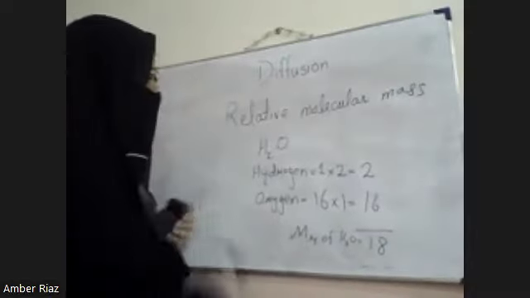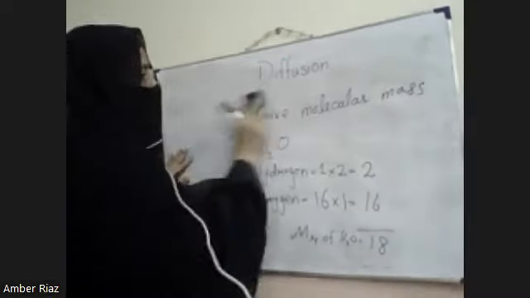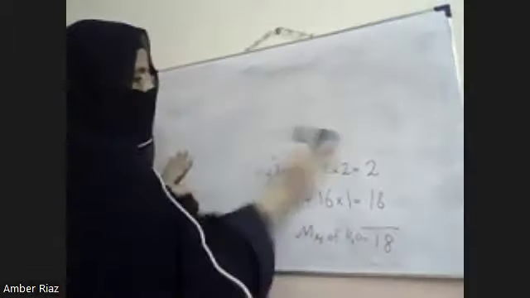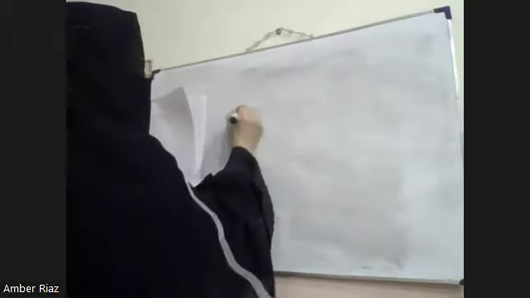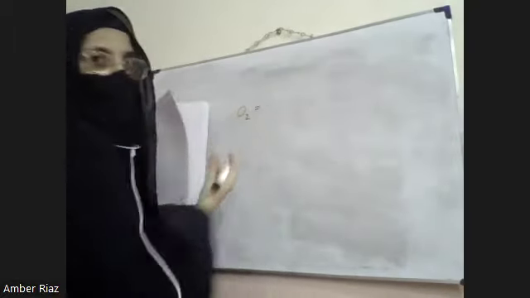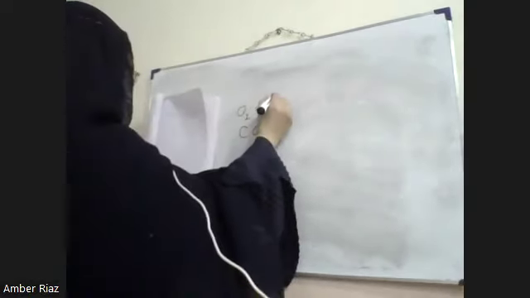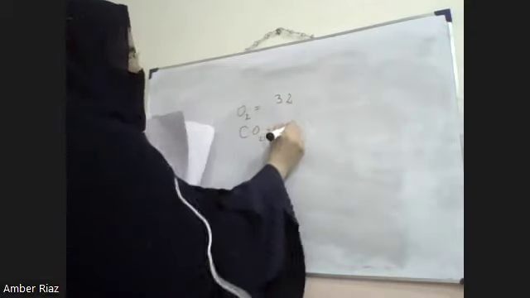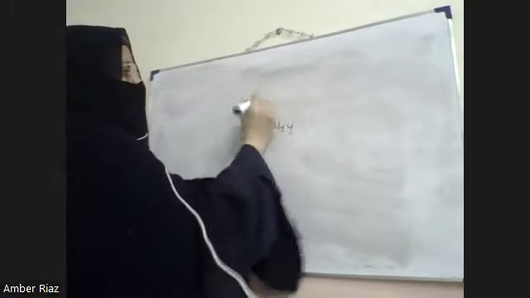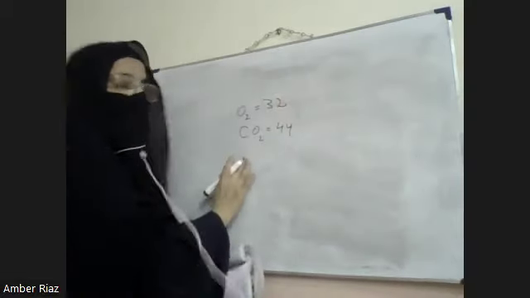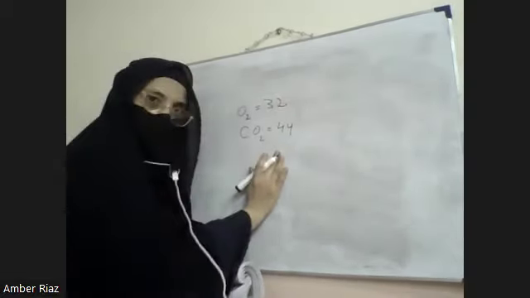For example, oxygen, O2, we show the molecule of oxygen as O2, and carbon dioxide, CO2. The relative molecular weight of oxygen is 32 and the relative molecular weight of carbon dioxide is 44.